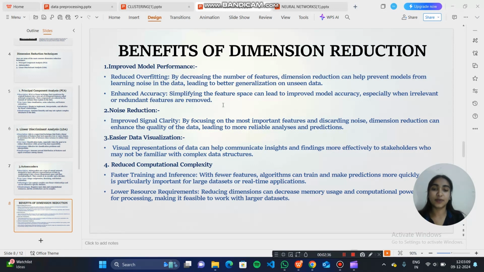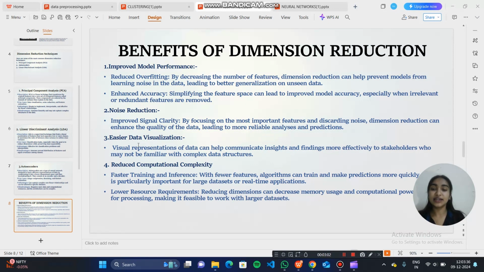Simplifying the feature space can lead to improved model accuracy, especially when irrelevant or redundant features are removed. Second, noise reduction, improved signal clarity. By focusing on the most important features and discarding noise, dimension reduction can enhance the quality of the data, leading to more reliable analysis and predictions.